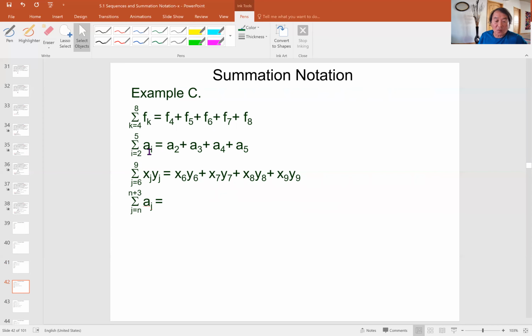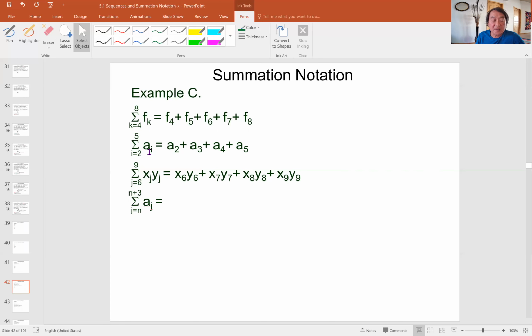Here, you multiply the x's and the y's: the 6th one, pair them, multiply; 7th one, pair them, multiply; 8th one, 9th one. After you get the 4 products, you add those 4.